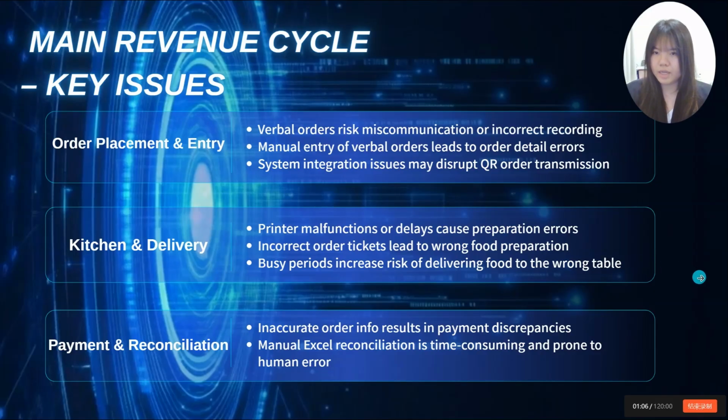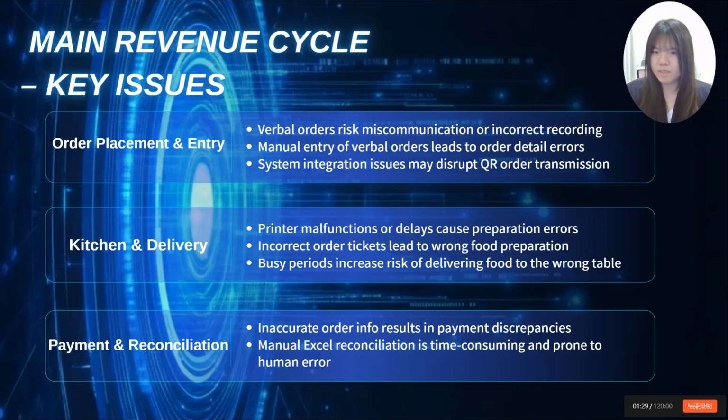Next, for the kitchen and the delivery. If kitchen printers break or have delays, we get incorrect order tickets, which leads to wrong food being prepared, and during the busy time it's also easy for servers to deliver food to the wrong table, and it will cause customer complaints.